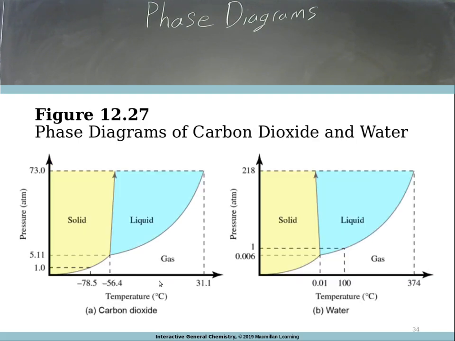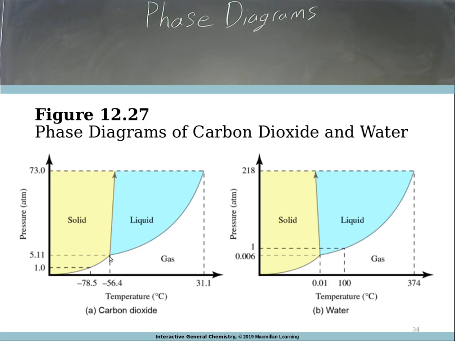Okay, well, let's look at two different phase diagrams. Here we have carbon dioxide on the left and water on the right. And both of these substances are interesting in their own ways. So for carbon dioxide, you'll notice the triple point is located up at a pressure of 5.11 atmospheres. And the liquid phase doesn't even exist below the triple point.